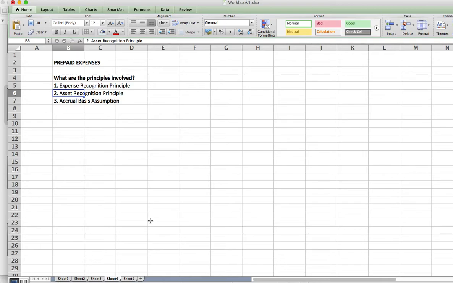Naisip nyo, bakit expense lang, bakit may asset? Asset because if the payment for the expense was not fully used, then we have to recognize an asset. Asset kasi meron pa tayong magagamit in the future. Remember, what is an asset?